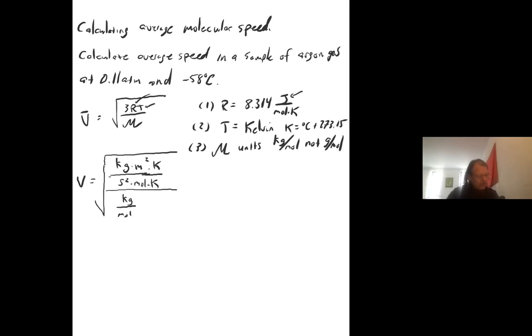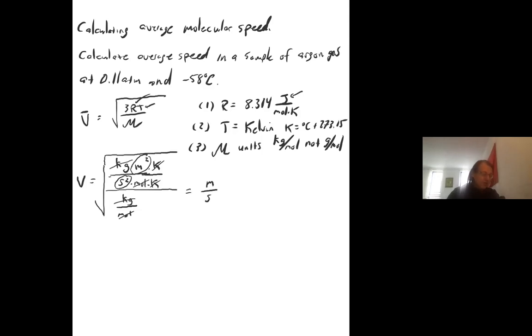And you can sort of see why that's the case here. Kilograms cancels with kilograms. So if you don't have the molar mass in kilograms, that's not going to work. Moles are in the denominator, Kelvin and Kelvin cancel. So you're left with meters squared per second squared. But again, you're taking the square root of that, so you take the square root of the units also. So you get meters per second.